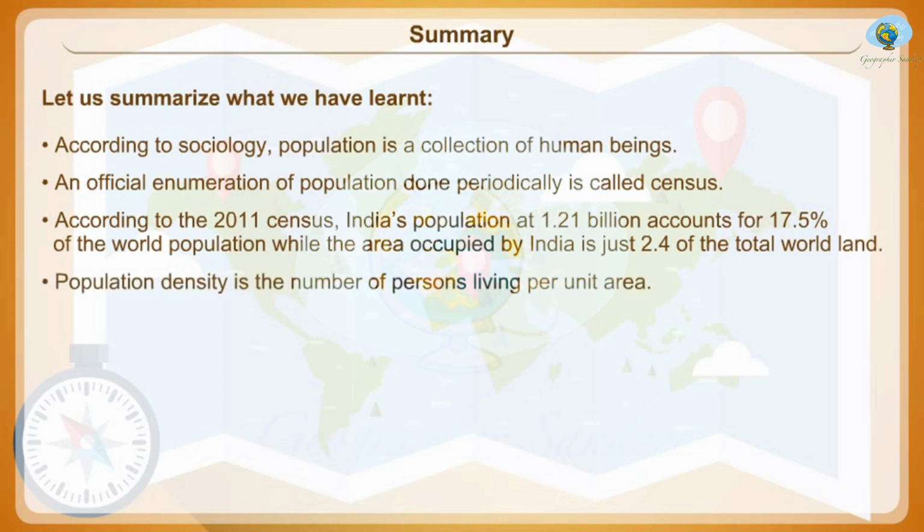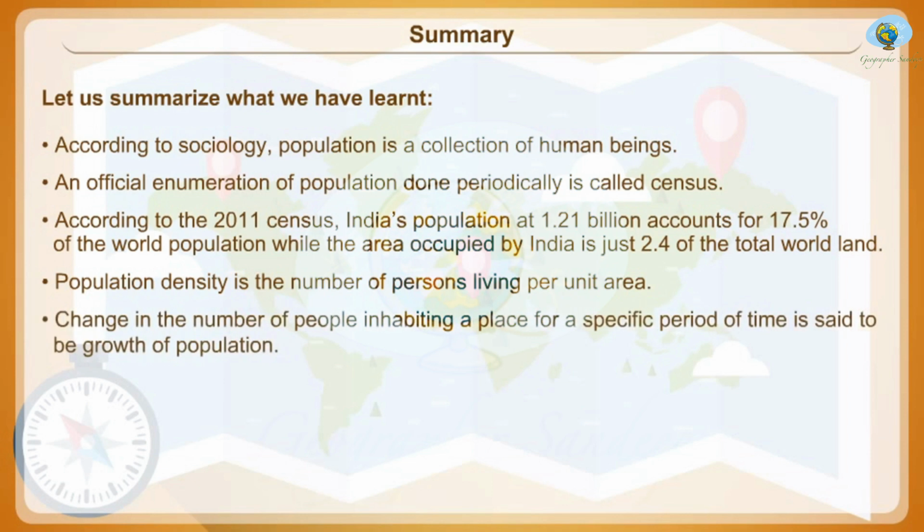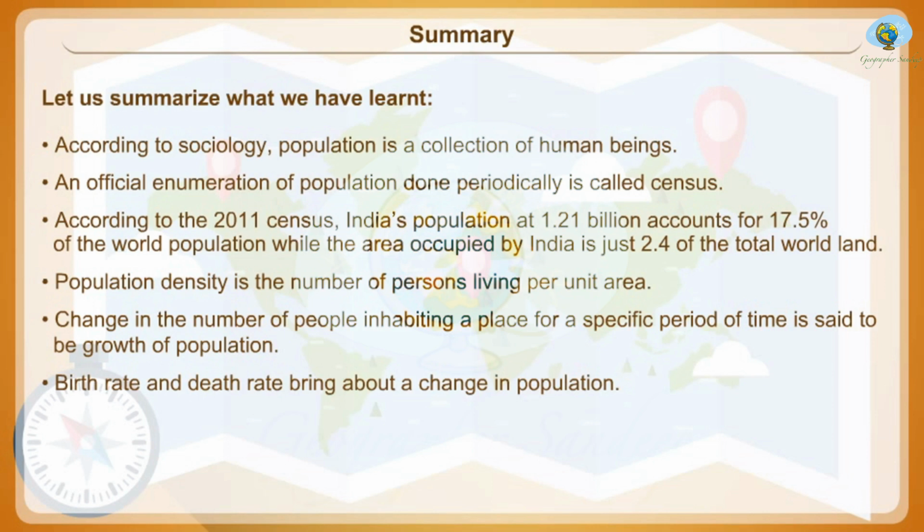Population density is the number of persons living per unit area. Change in the number of people inhabiting a place for a specific period of time is said to be growth of population. Birth rate and death rate bring about a change in population.